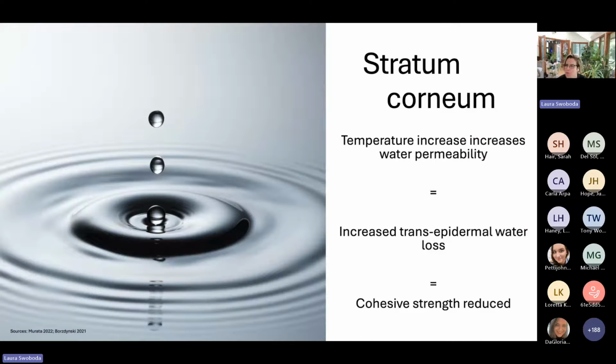So our stratum corneum is that layer of corneocytes, and temperature will increase the water permeability of the stratum corneum. So when it's exposed to higher temperatures, it doesn't have that fluid balance as much, which means that we're going to have increased transepidermal water loss, and that means the cohesive strength of the skin is reduced.